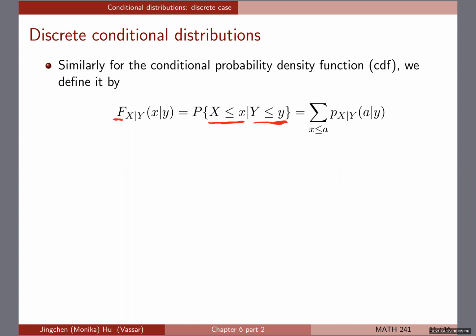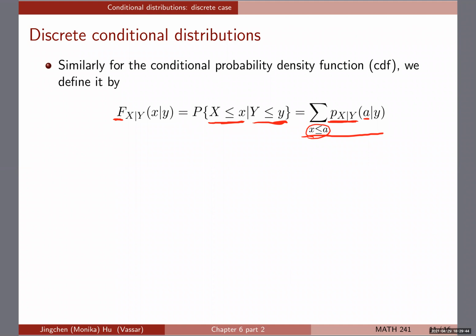This is equivalent to summing, not integrating, because we're working with a discrete random variable. We sum over the conditional PMF from the earlier slide, only looking at all of the cases when X is smaller than a, where a is the value that we're working with.